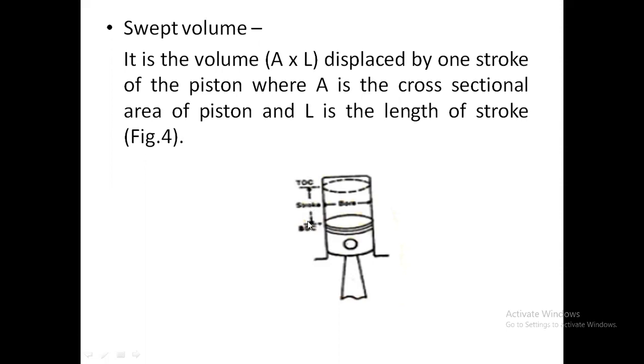This much length is called the stroke. When the piston moves from BDC to the TDC, it travels the distance of one stroke.